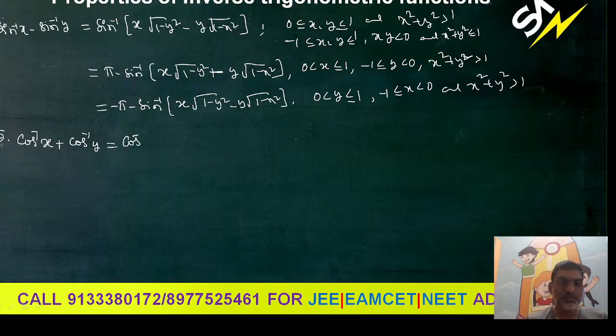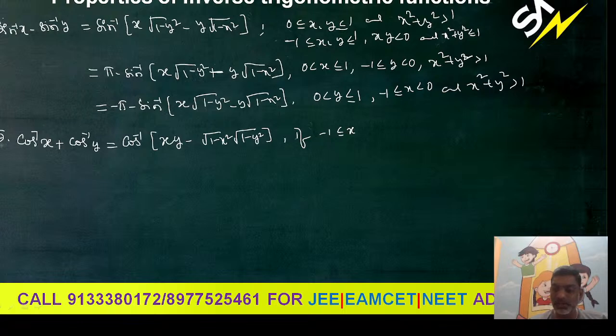It is cos inverse of xy minus under root of 1 minus x square into under root of 1 minus y square, if minus 1 less than or equals to x comma y less than or equals to 1 and x plus y greater than or equal to 0.